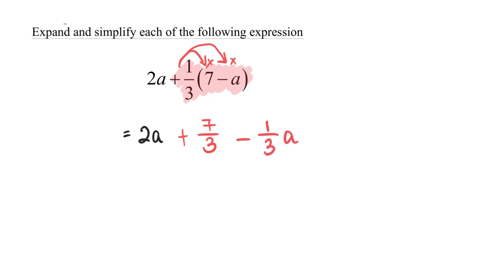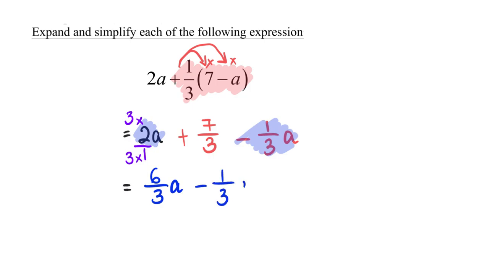And now having the like terms a, do take note at this point here. Then I will rewrite the 2 as 2 over 1 so that you will see me multiply by 3 such that I will get 6 over 3a, and I'll still have my minus 1/3 a, the like term.